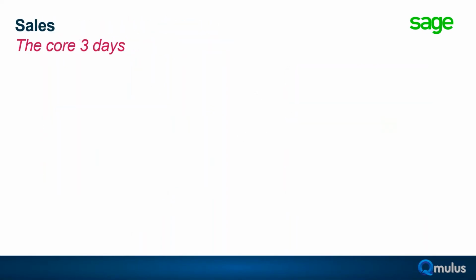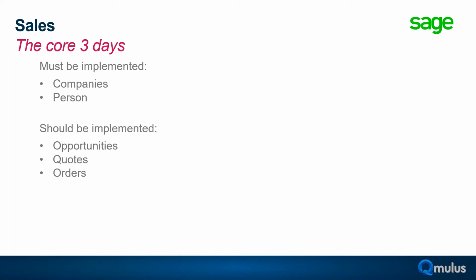So if we traditionally look at sales, the 3-5-7 methodology is designed to help quick implementation of standard CRM solutions. And these generally always start with enabling the customer to be able to manage companies and their relevant sales engagements. If we take a look at the first 3 days of a 3-5-7 implementation, this should involve the core tables of CRM, company and person, but also the other tables required in a sales engagement, such as opportunities, quotes, and orders.